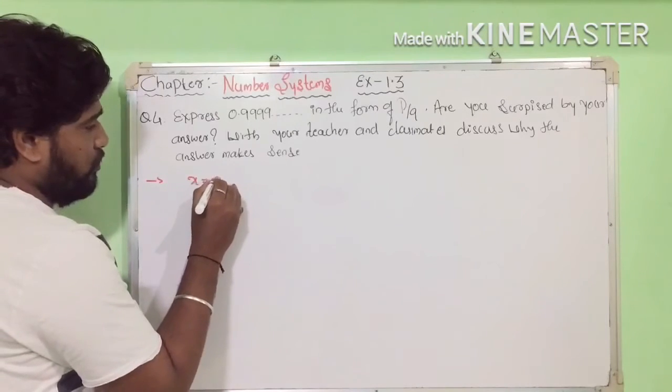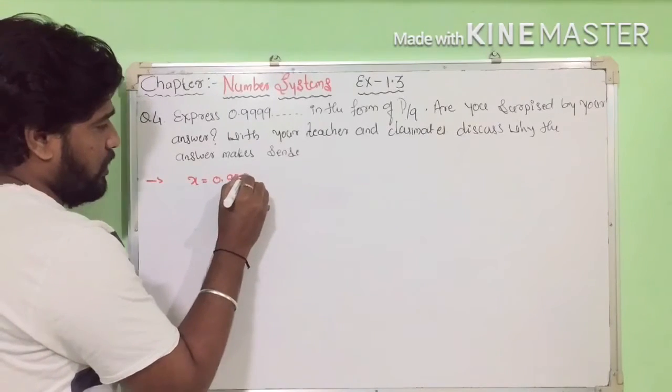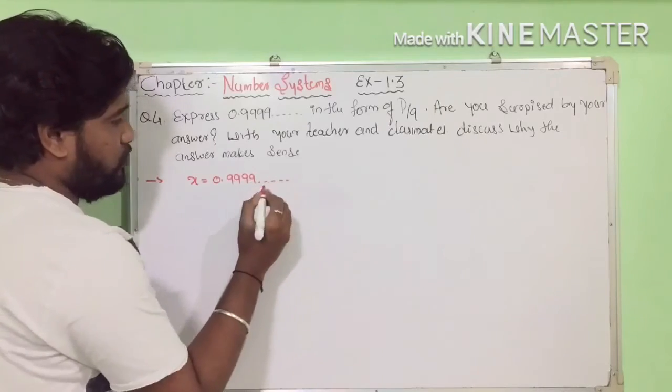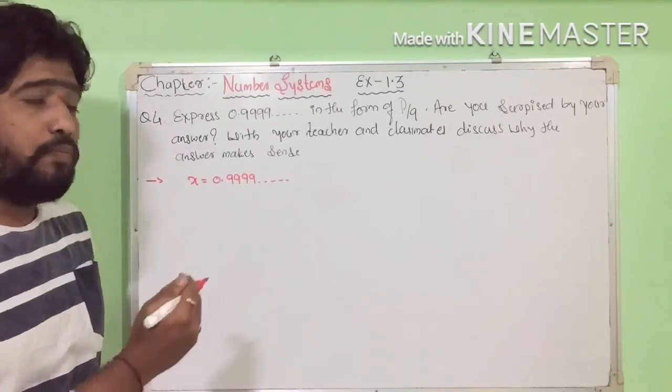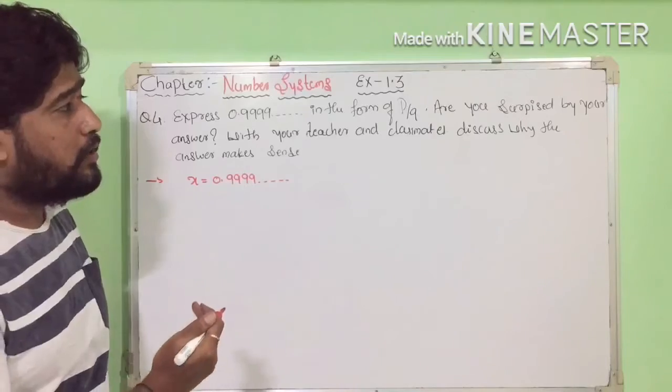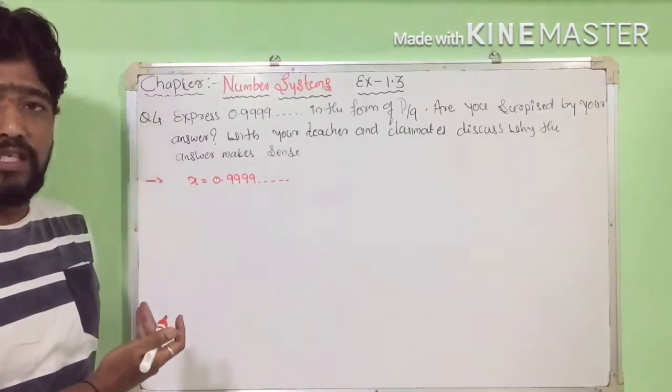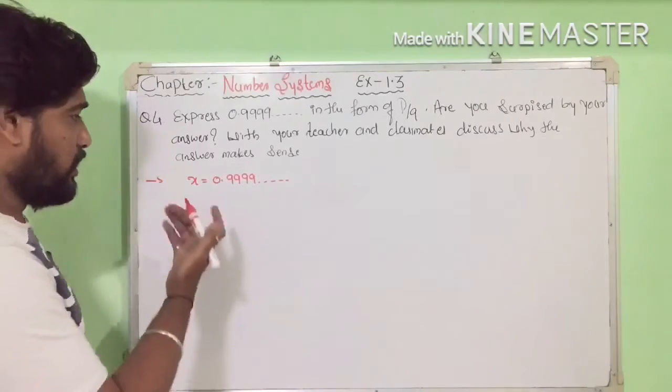What is that? They have given here, write down x is equal to 0.9999 and so on. So this one we want to write in a P by Q form and be surprised by your answer. So what is the surprise here? Let's check out.